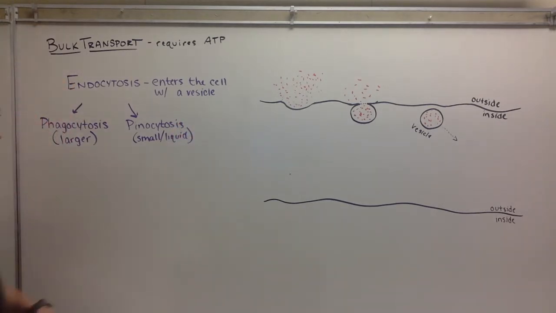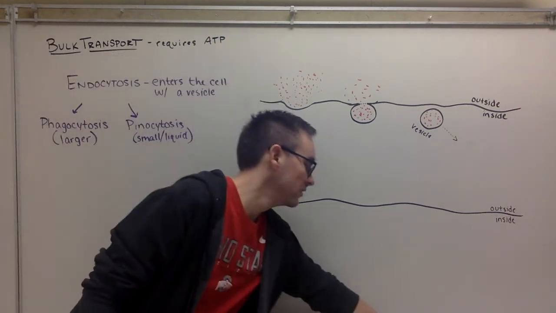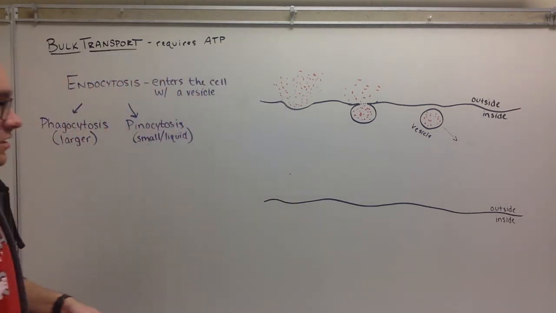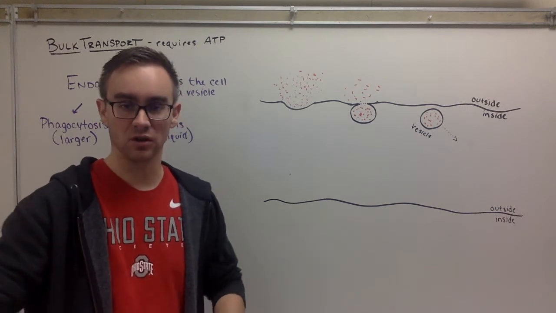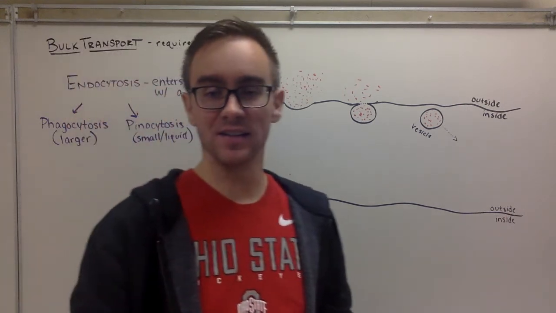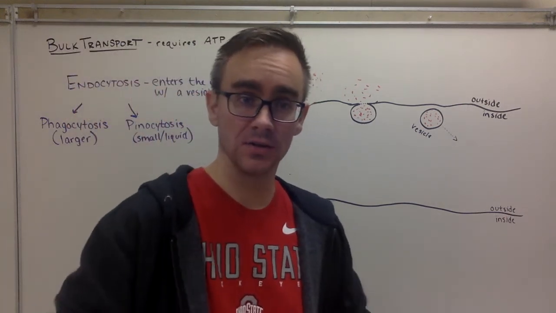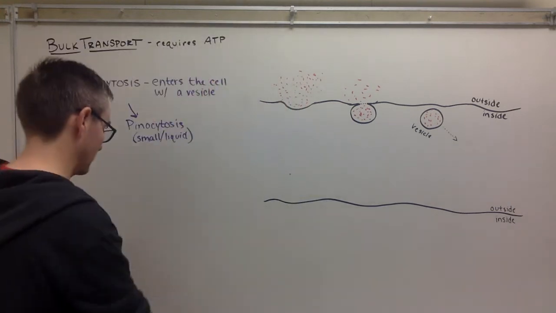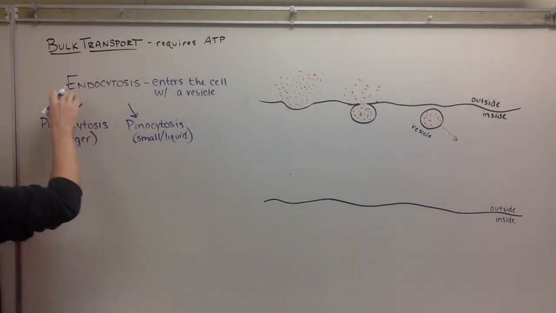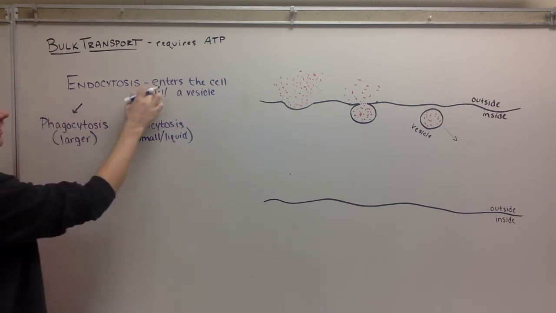So that's our endocytosis. Now let's say I'm trying to get rid of a lot of stuff, ship out a lot of stuff. That is the opposite of endocytosis. That is exocytosis. Endo, I always like to think of as entering, E-N.